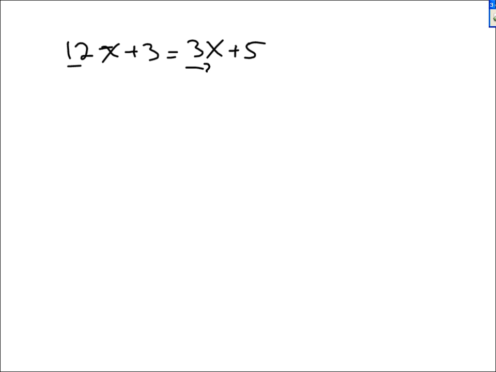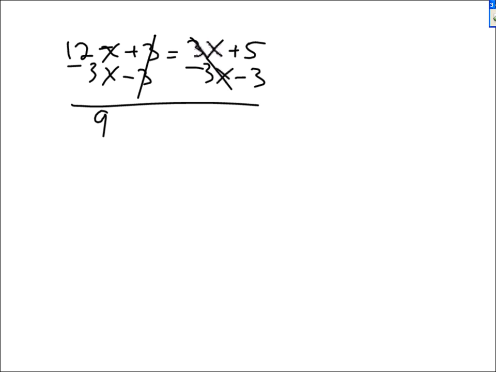If I take away 3x from both sides, that is, I'm bringing the x's to the left side, then I want to bring the numbers to the right side. 12x minus 3x is 9x. 5 minus 3 is 2, so 9x is 2. 2 divided by 9 is x.